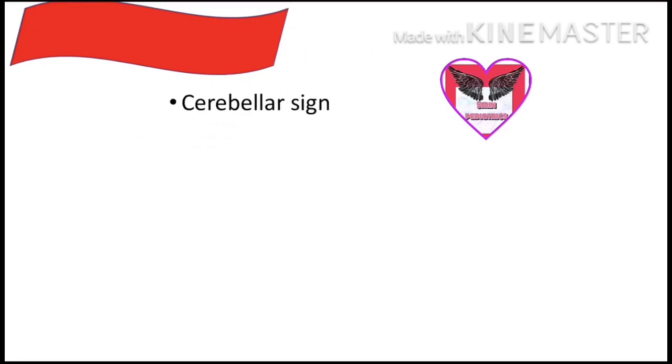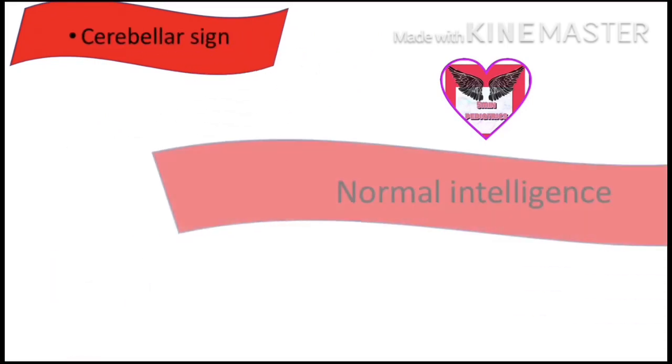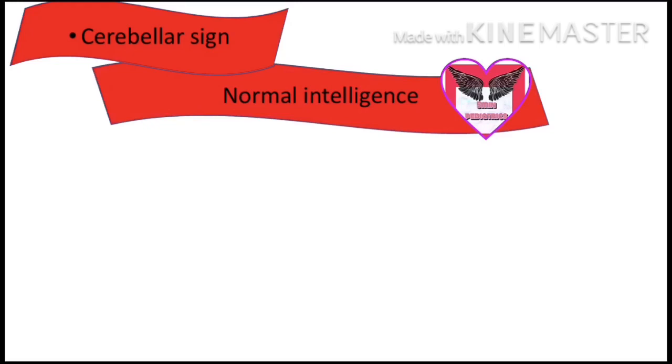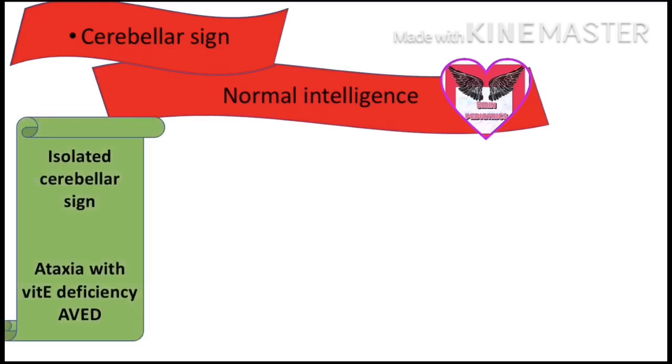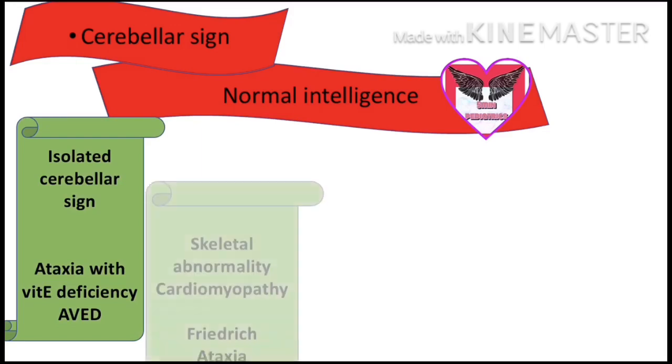Now we have cerebellar sign again with normal intelligence. In the last slide we had cerebellar sign with cognitive decline. Here we have normal intelligence. Okay. Then we have isolated cerebellar sign, ataxia with vitamin E deficiency.